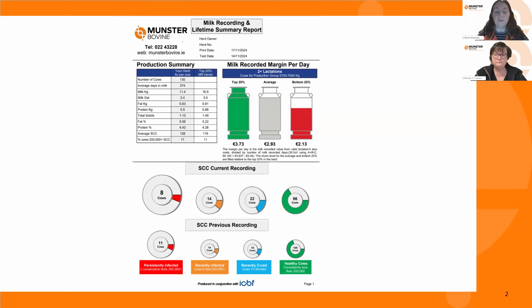So the fuller that jar is, the closer your bottom 20% are in their margin per day to your top 20%. And if those two jars, your average 60% and your bottom 20%, are fuller, the more uniform your herd is. And then you just have an overview of your somatic cell count for the herd.